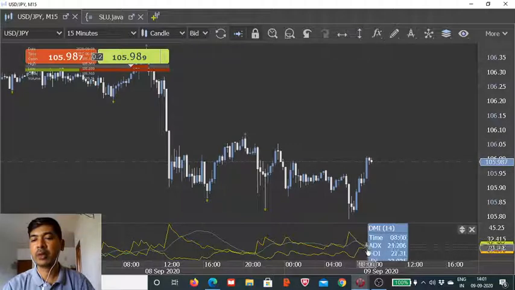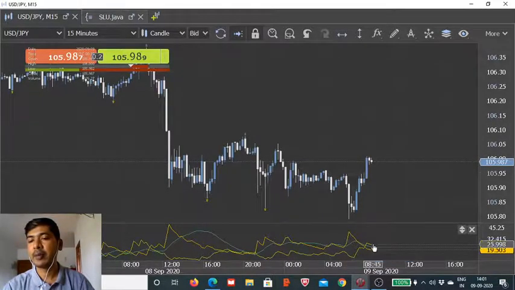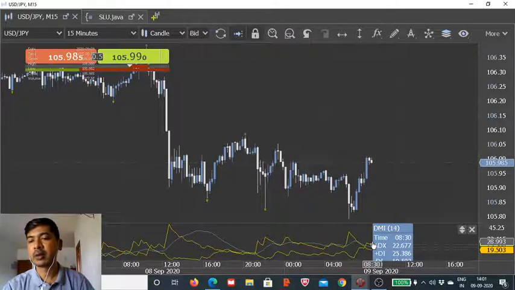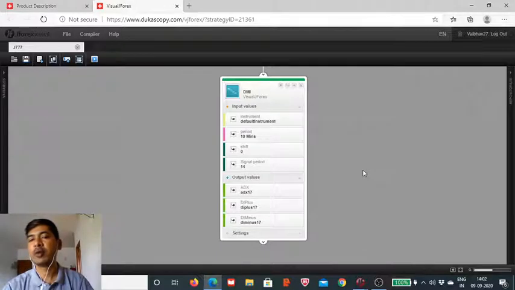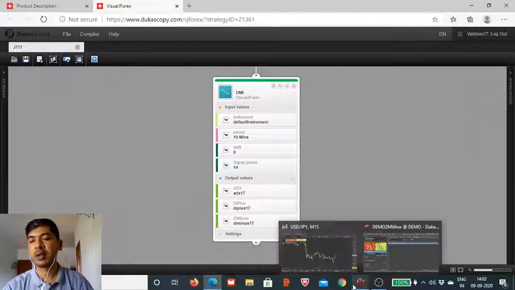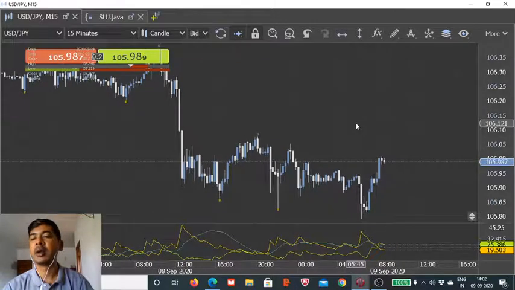We have these three output values, the ADX, and the DMI minus, DMI plus. So I will explain to you what the DMI plus and DMI minus stand for. Okay, first let us see the functions of the DMI indicator.